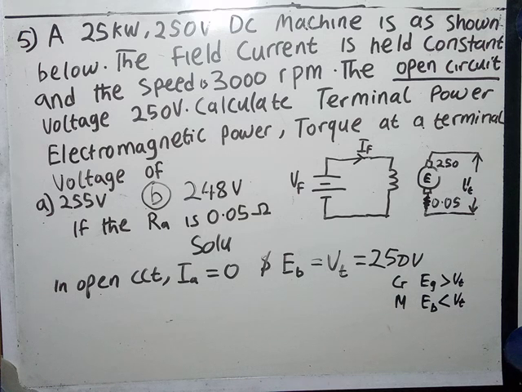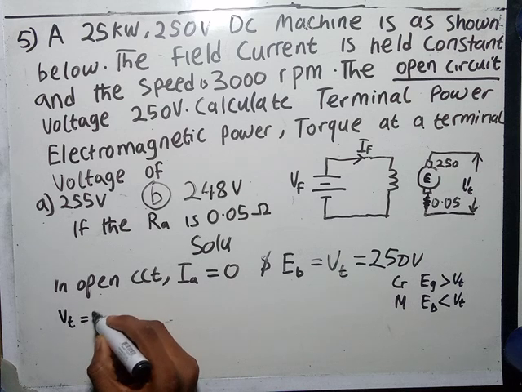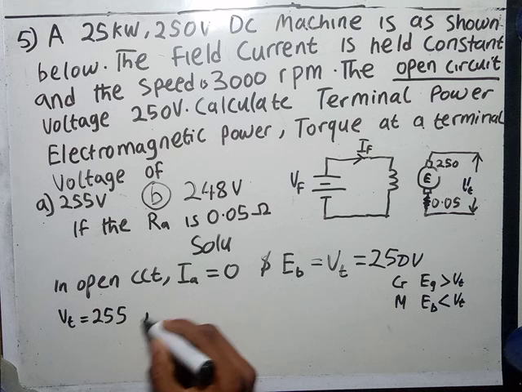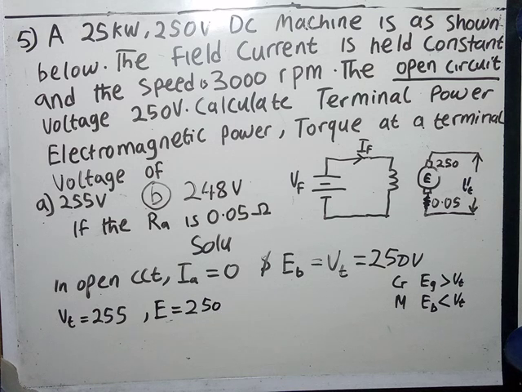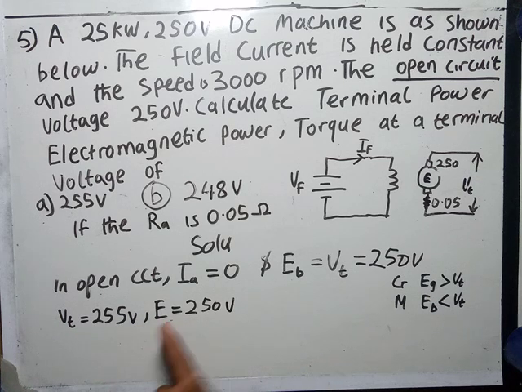Now, looking at the terminal voltage given to us, we are told that Vt is now 255, but our E still remains 250. Between the two, which one is greater? The Vt.